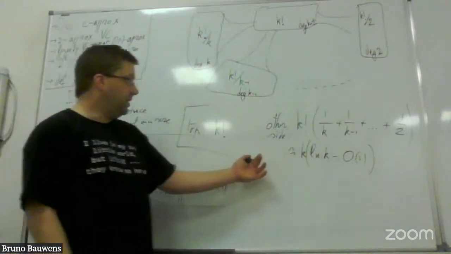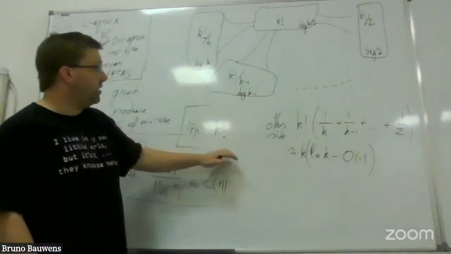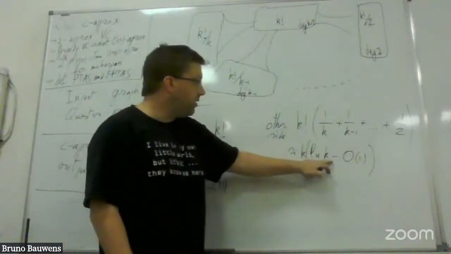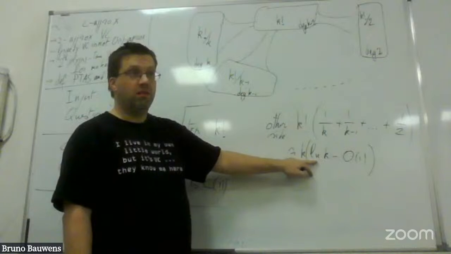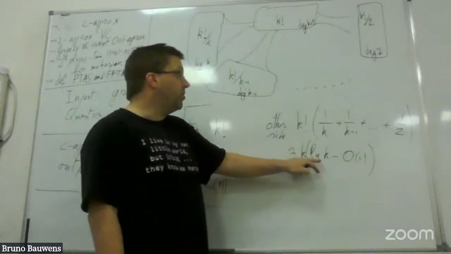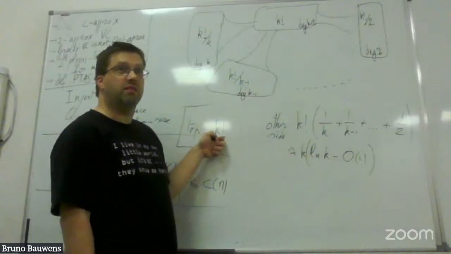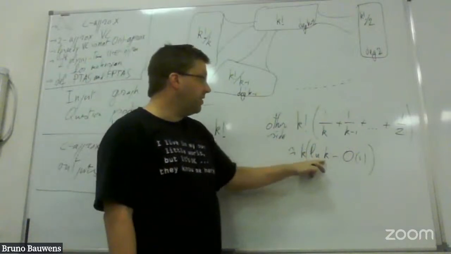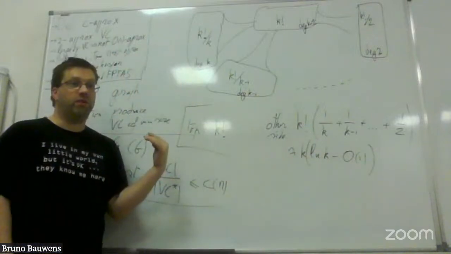And now we see that the greedy algorithm is a factor ln k worse from the best. Well, we don't know what's the best, but for sure we know that the best is better than this. And so it must be a factor ln k worse. Now, what is this in terms of the size of the graph, the number of nodes?